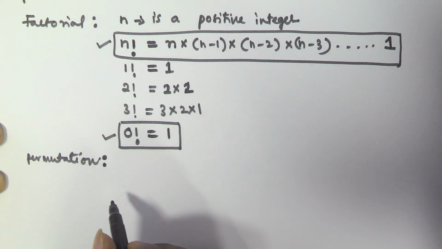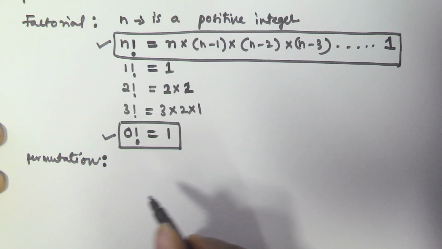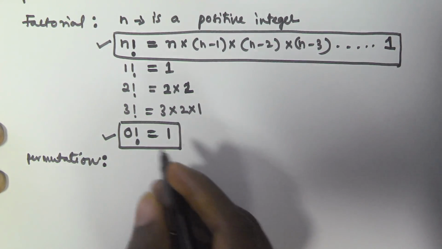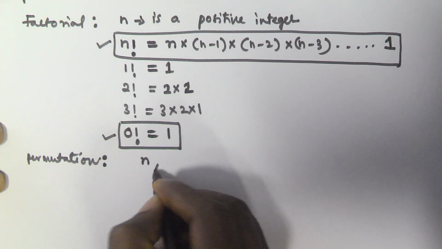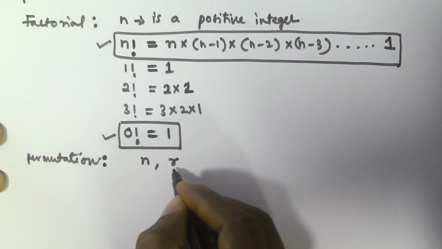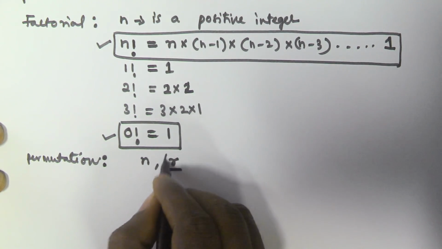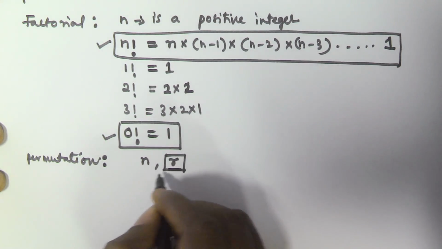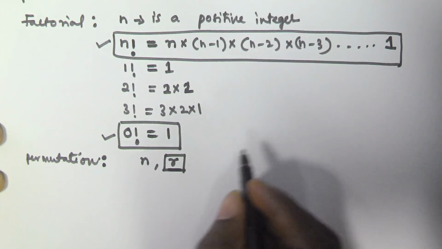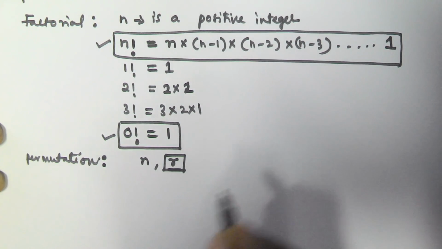Permutation is all about taking some things from a given number of things and arranging them. For example, there are n things, and we take r things out of n and arrange them in a certain order.